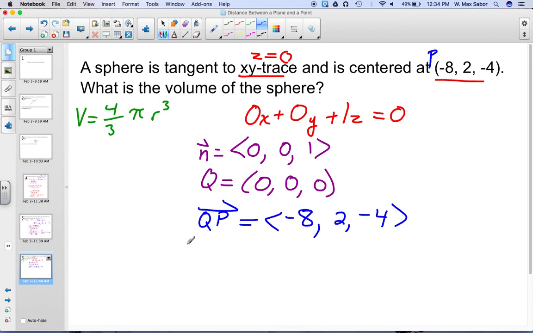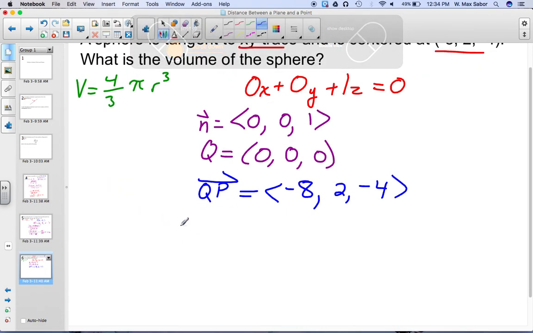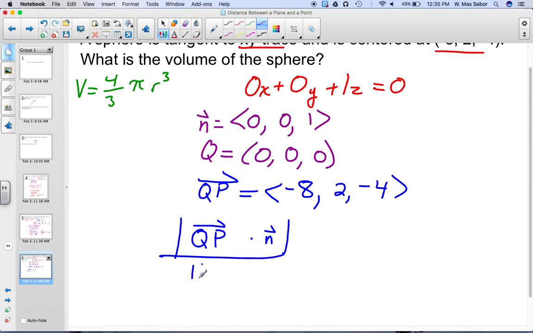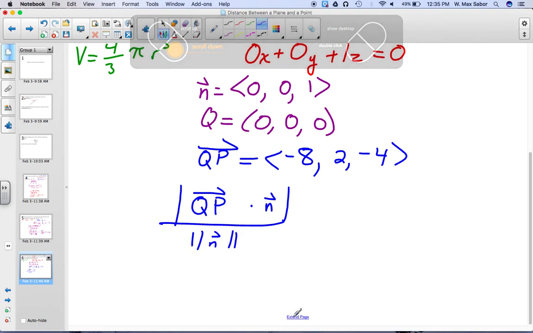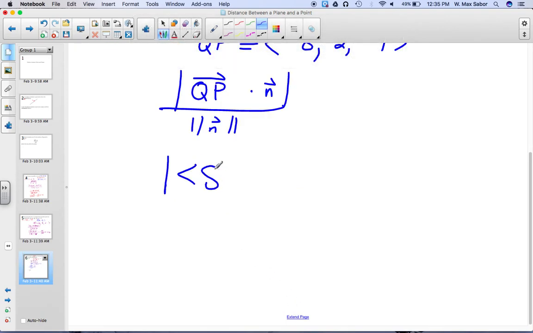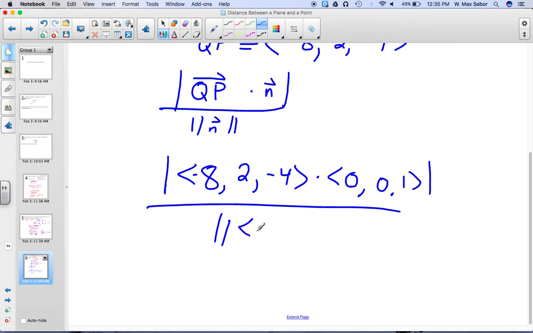And now we apply our formula. So it is QP dotted with the normal vector over the magnitude of the normal vector. So QP, negative 8, 2, negative 4, dotted with 0, 0, 1 over the magnitude of 0, 0, 1.